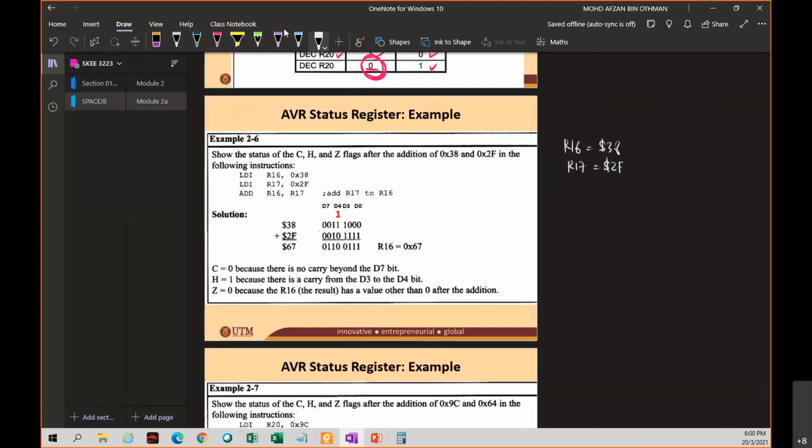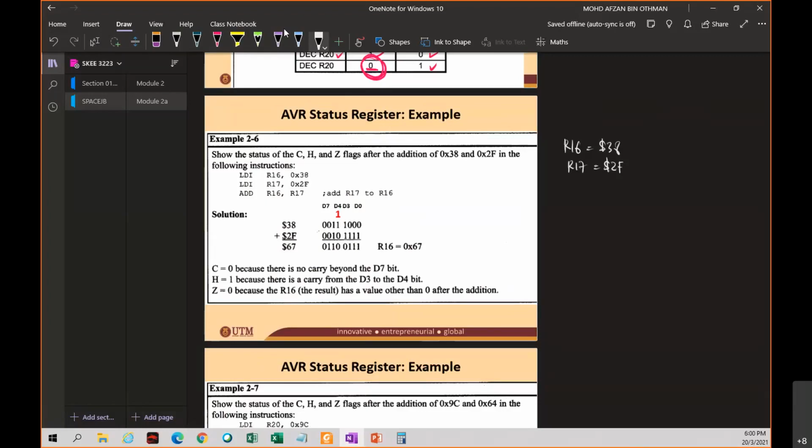Okay, so my advice is every time you're going to determine the status register, I advise you to convert from hexadecimal to binary number. Okay, senang kita nak check kita punya status register.